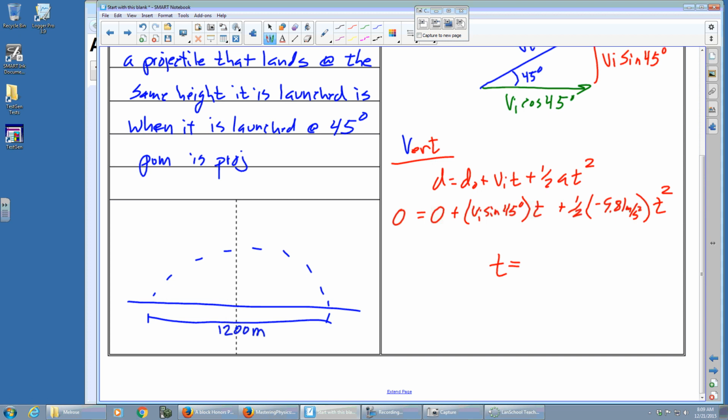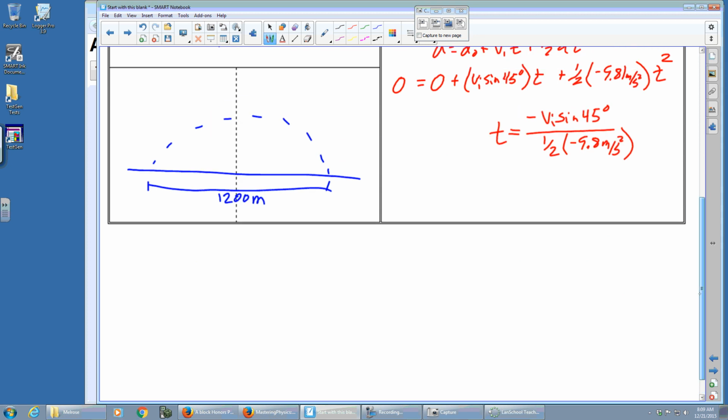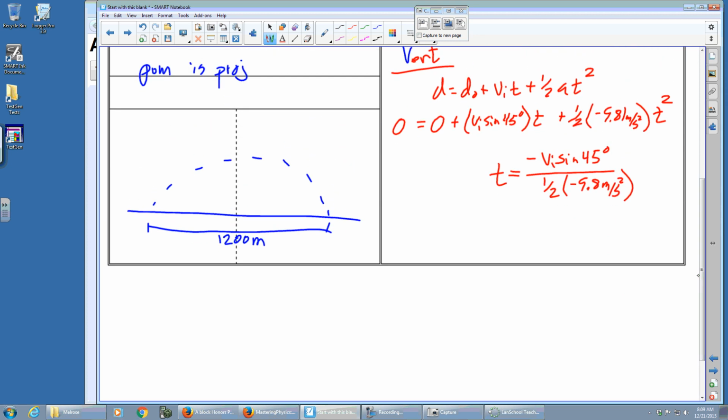But if I divide each term by T and then solve, I get negative VI sine of 45 degrees over 1/2 times negative 9.8 meters per second squared. Now, that doesn't give me a numerical answer because I don't know what VI is, but it does let me solve for T.